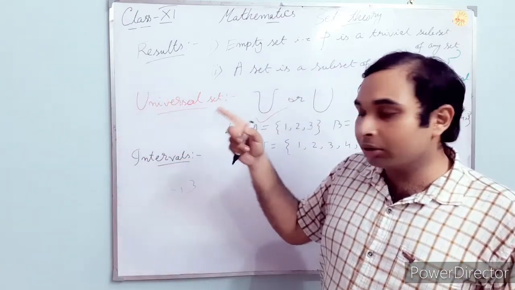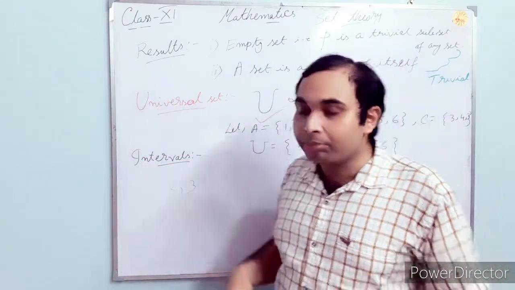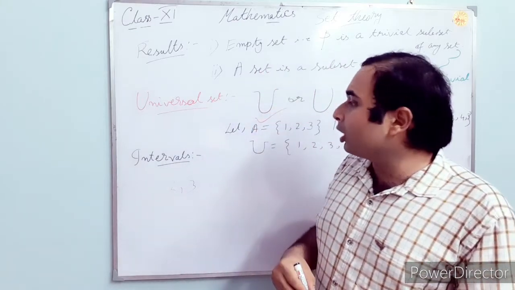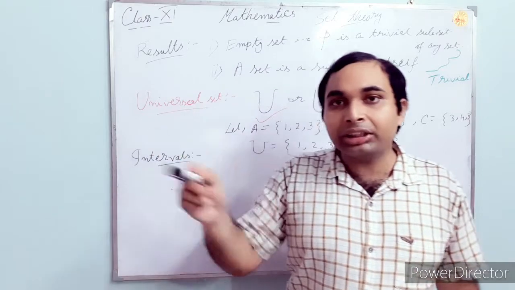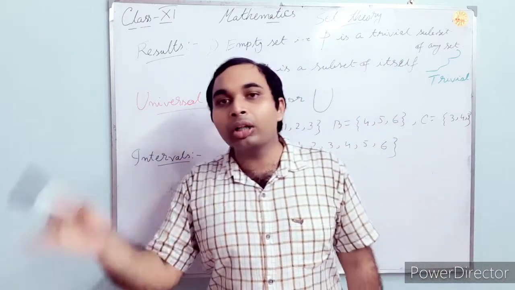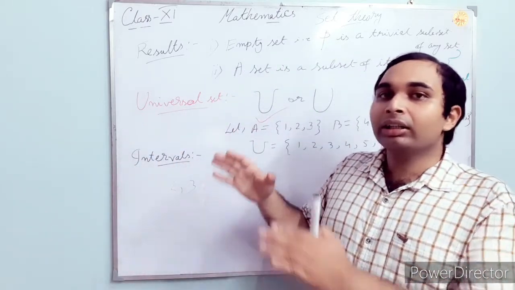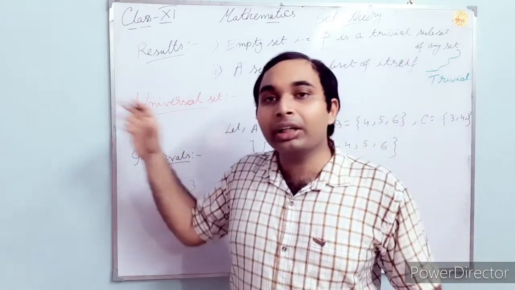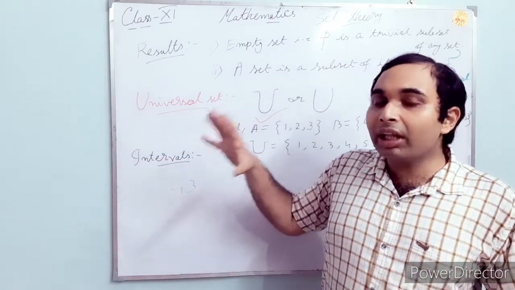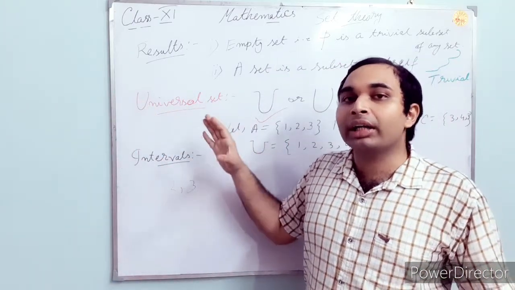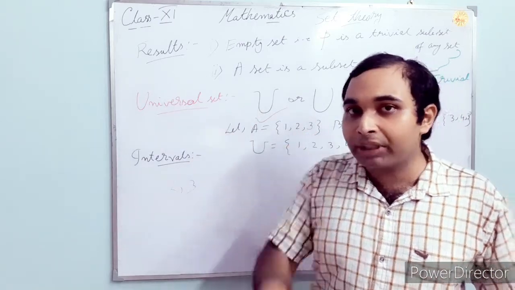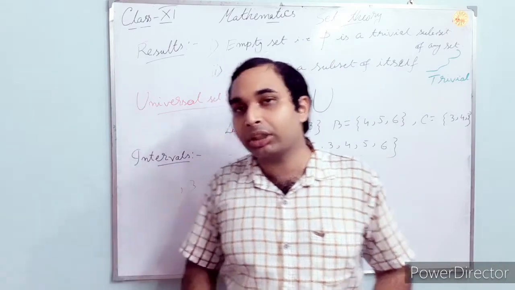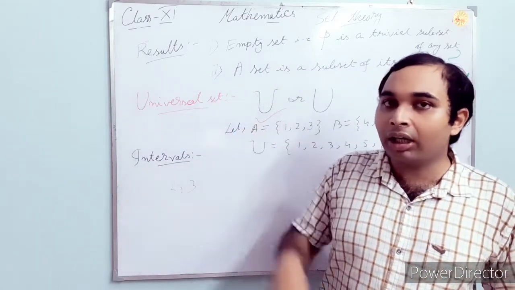Relating to this, one thing came to my mind: the natural number set, integer set, whole number set, all those sets are subsets of the real number set. So the real number set can be called the universal set of the number system, not the complex number system. The complex number system is a different thing; you will learn later.